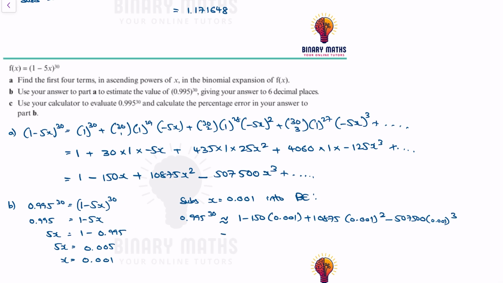If I input that into my calculator, I end up getting 0.8603675. And if I round it to 6 decimal places, I get 0.860368 to 6 dp.